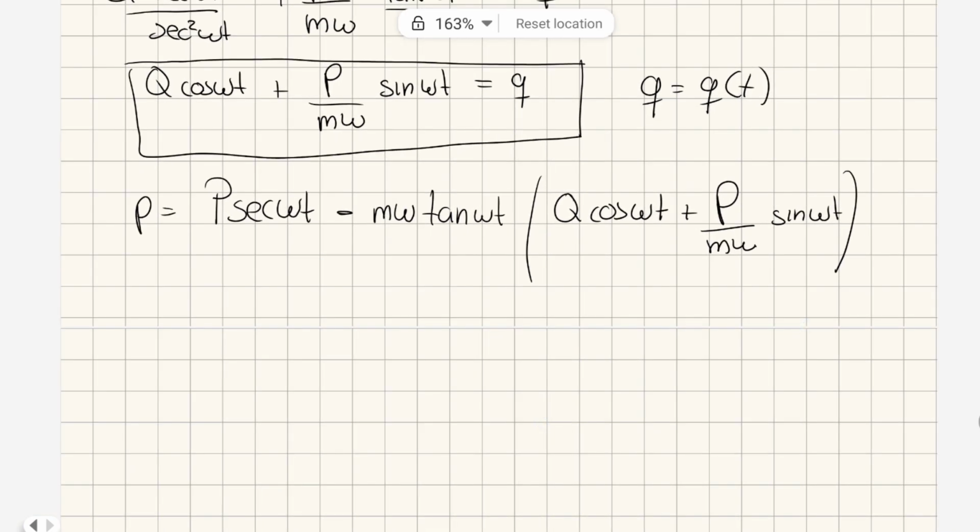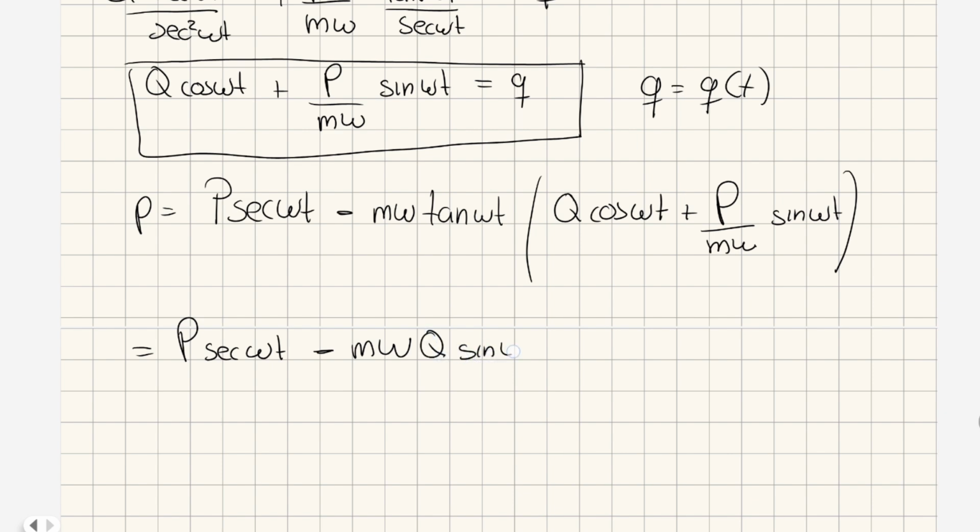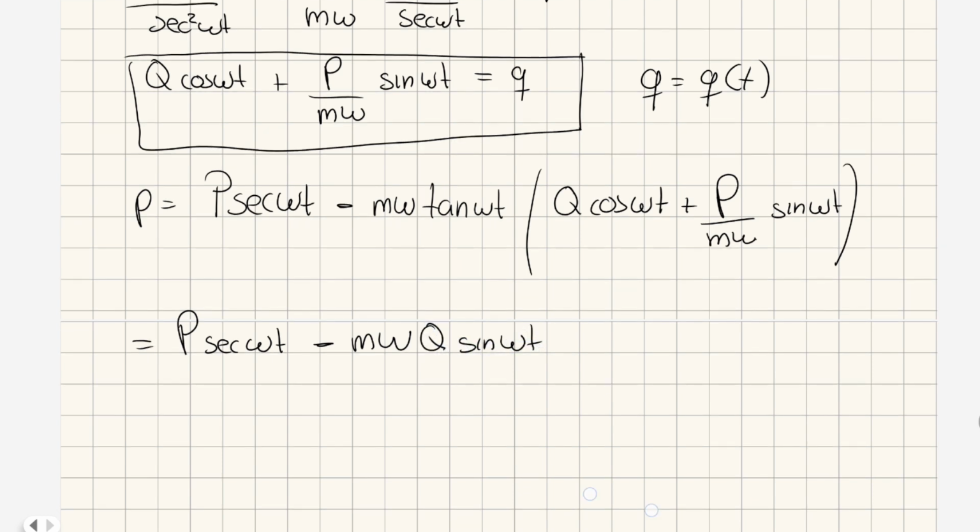So if we simplify a little bit, this is going to be P secant omega t minus, well, we have the tangent times the cosine, that will be a sine, so we have here minus m omega Q sine omega t, then minus, it will be a P times sine omega t tangent omega t.